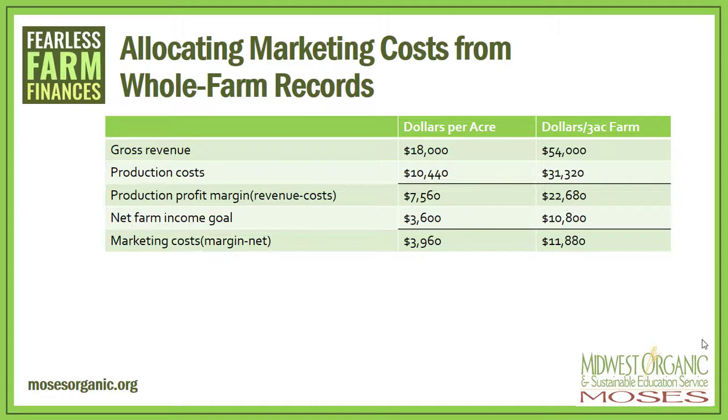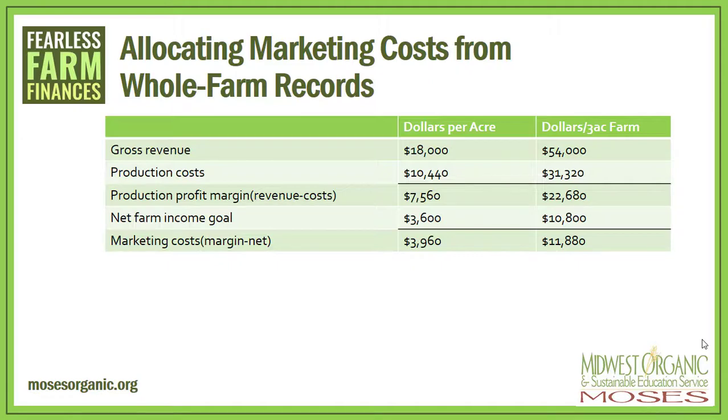So what if you just have your whole farm records from, let's just say, your Schedule F, or you just, like I said, don't want to take the time to do an enterprise analysis, but you still want to know possibly what market might make the best mix for your products. So from your Schedule F or your tax records, you have all of your product inputs. So seed, your soil mix, any soil amendments, all of that stuff.